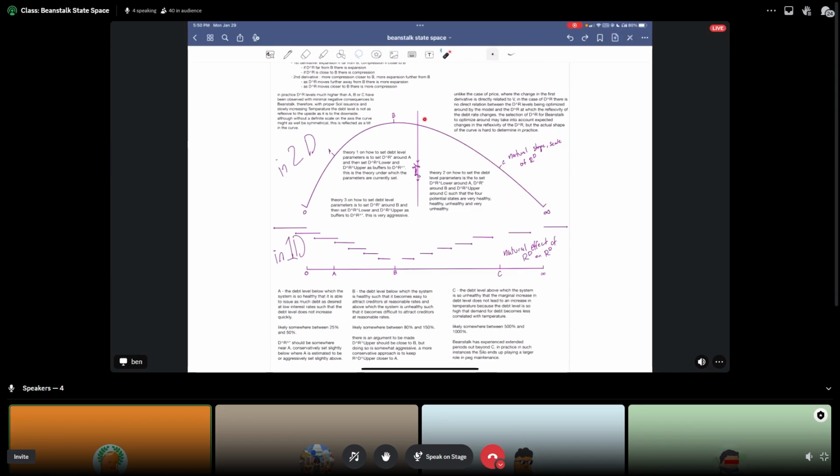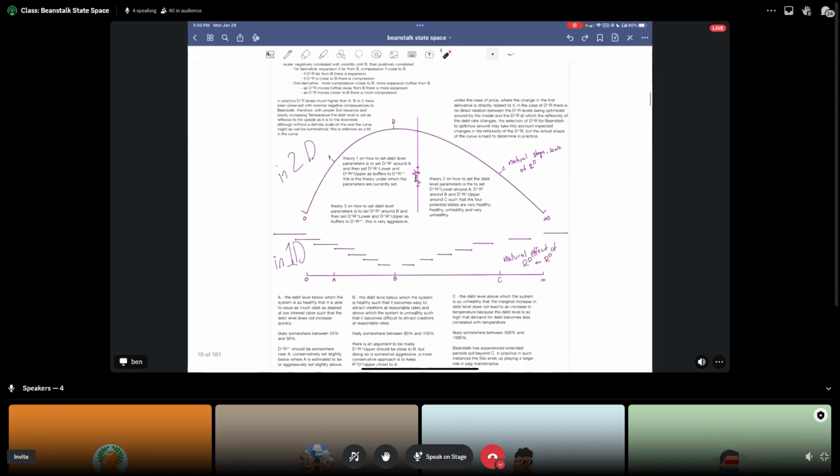But of course, there is a point at which there is real significant reflexivity demonstrated, where a small marginal change in debt level results in a really significant change in the positive force on debt level itself.